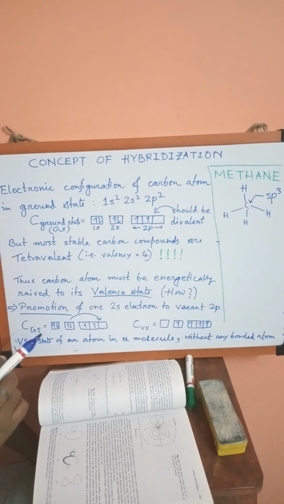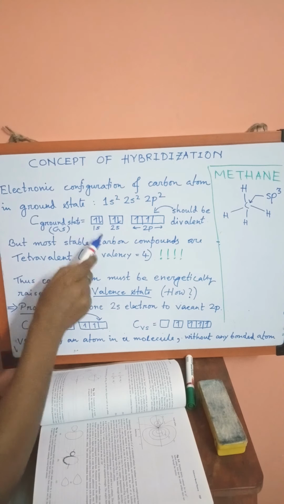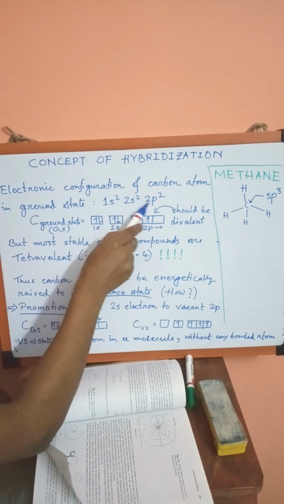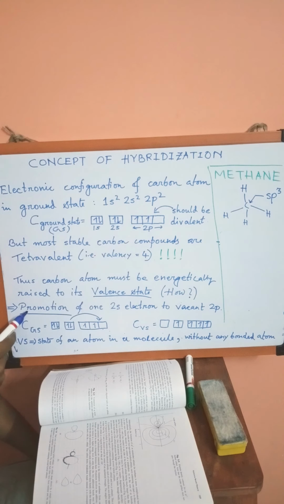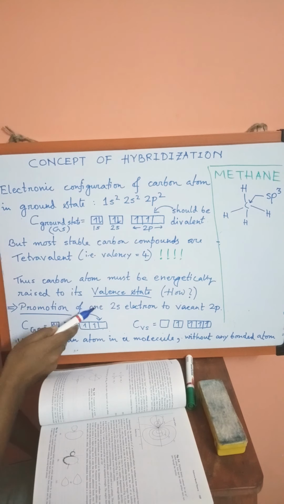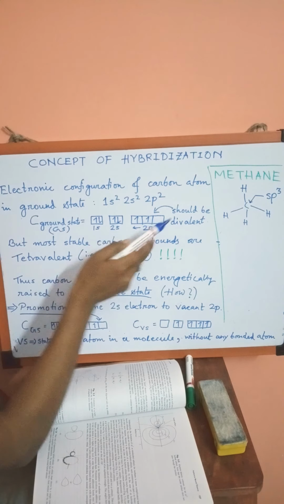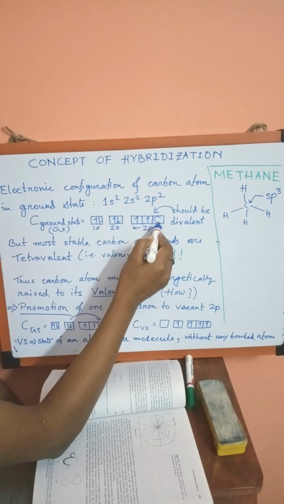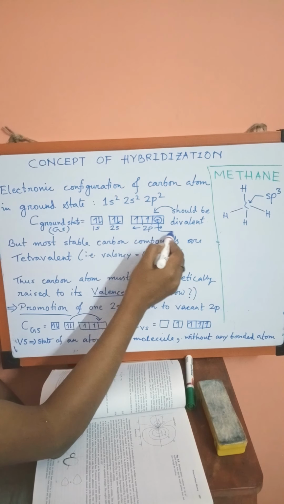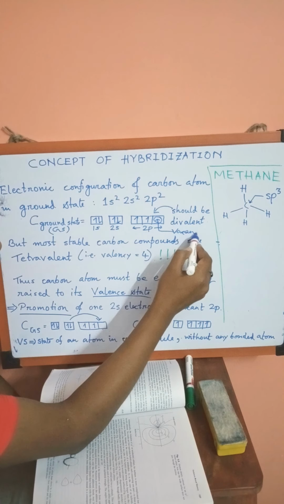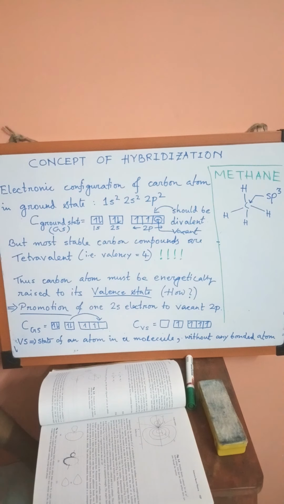That means there must be some promotion of the electron from 2s to 2p, and this promotion of one 2s electron to the vacant 2p orbital, this is vacant, there is no electron. So this is possible as it is reflected here.